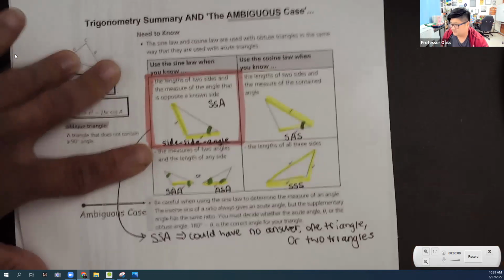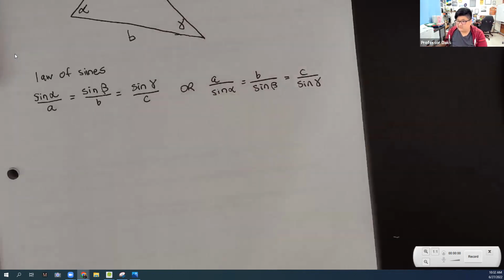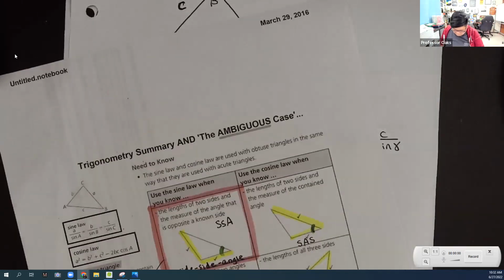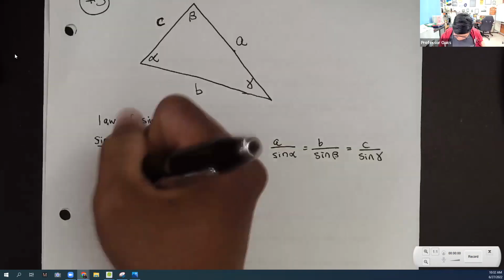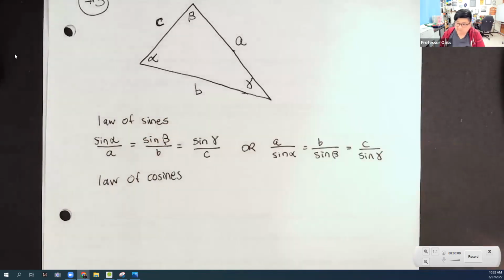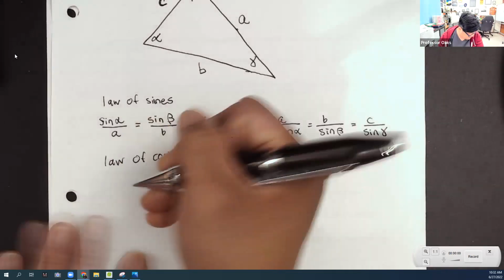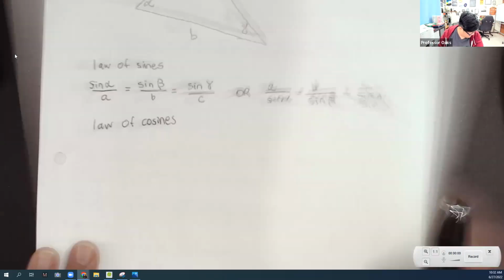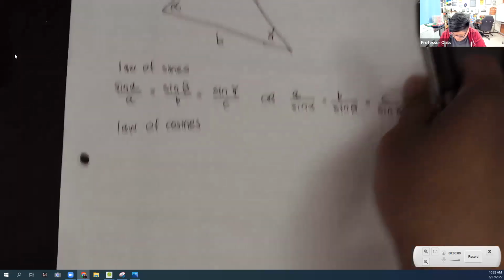Now let me tell you the law of cosines real quickly, because even on the handout they only give you one of them.